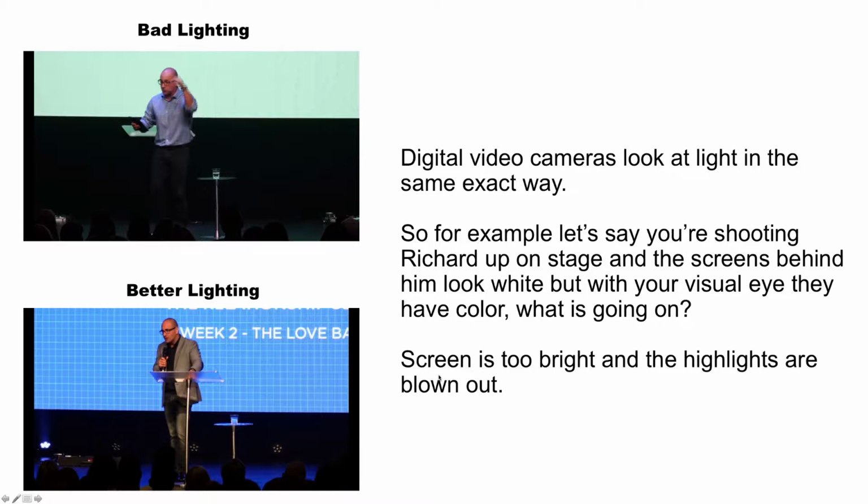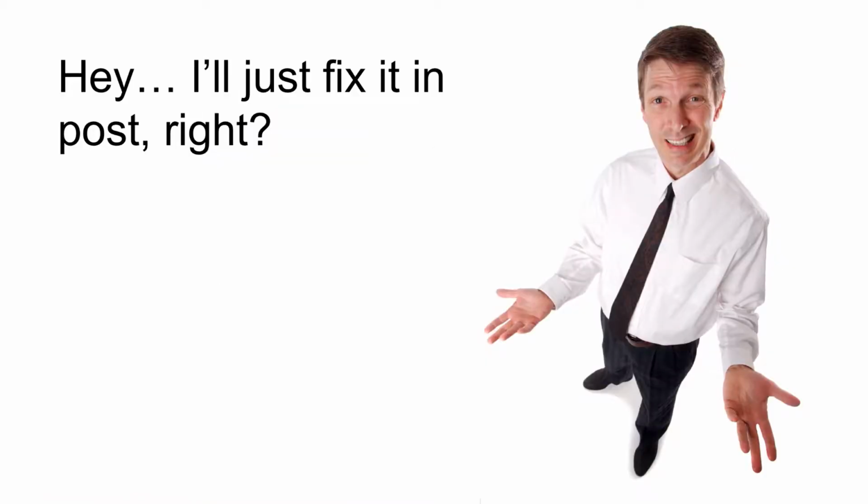So that's how we compensated for that. Now, hopefully, if you're shooting for Lifehouse, we've got everything dialed in, and you don't even have to worry about that. But it's just something to keep in mind with video cameras. And a lot of times, video cameras are more sensitive to this than a photo camera.